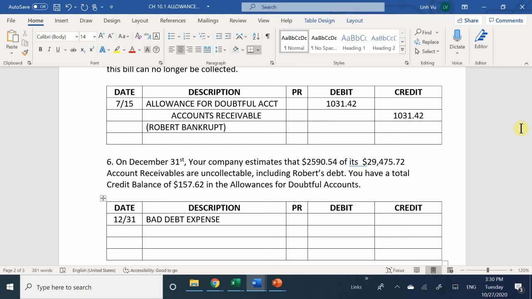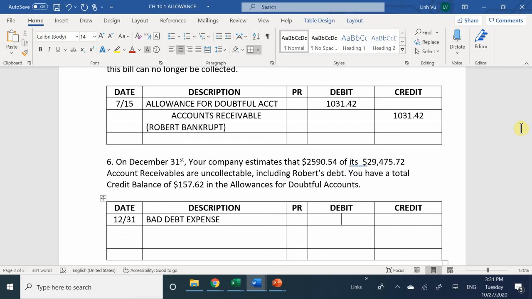Now, your goal is to get to 2,590.54 in the credit side, and you're already at 157 in there. You're already in the credit side. You need to subtract these two numbers to get the total amount that you need to add, to get to the total of 2,590.